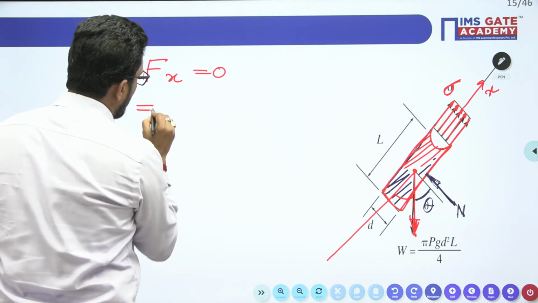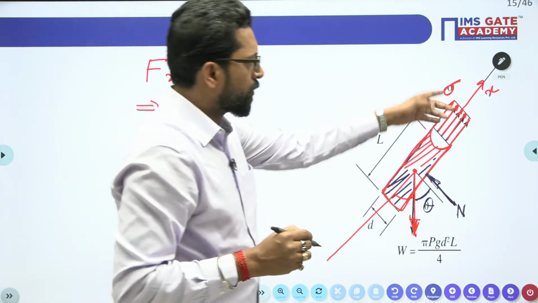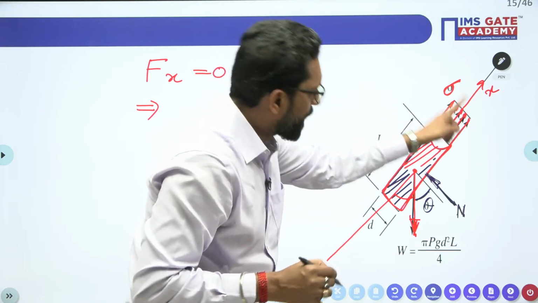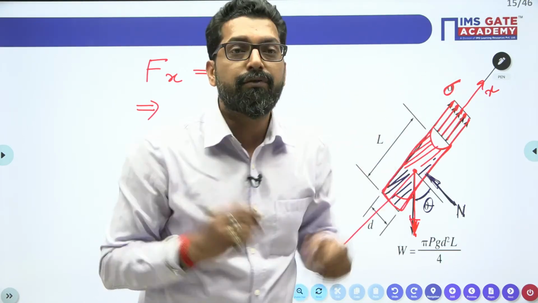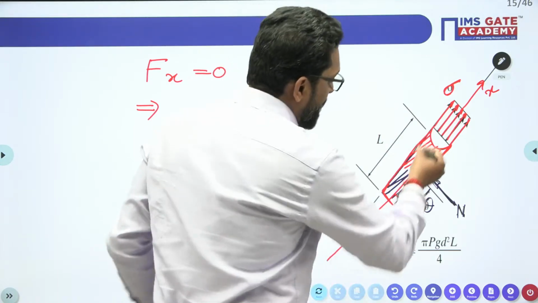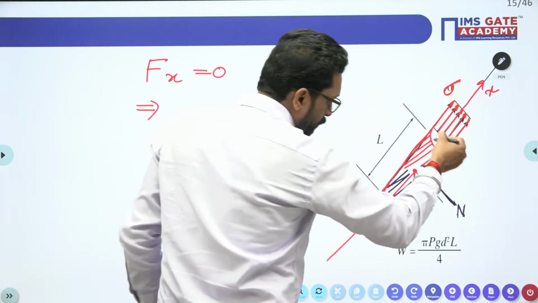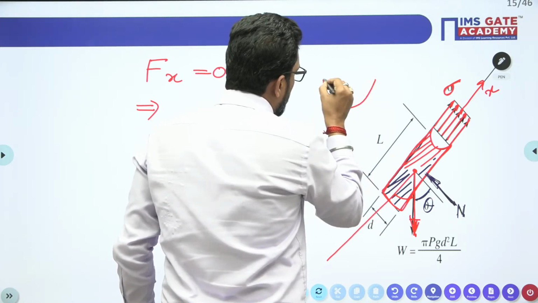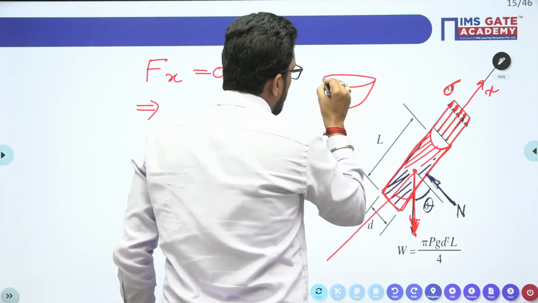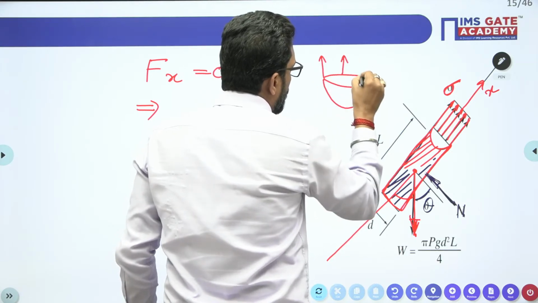Force balance. Now this capillary action, surface tension, is a line force. Surface tension is a line force, so it acts throughout the surface. If this is your surface, then it acts throughout it.